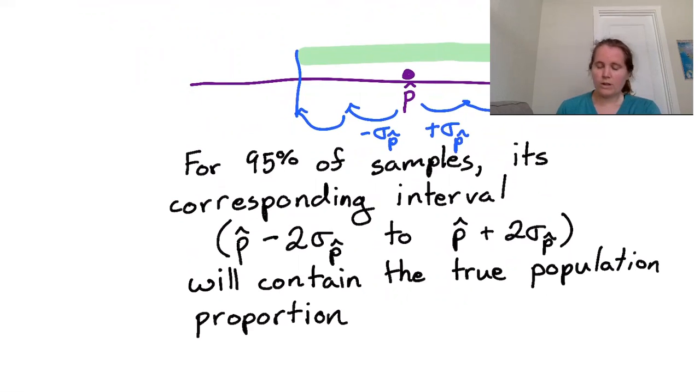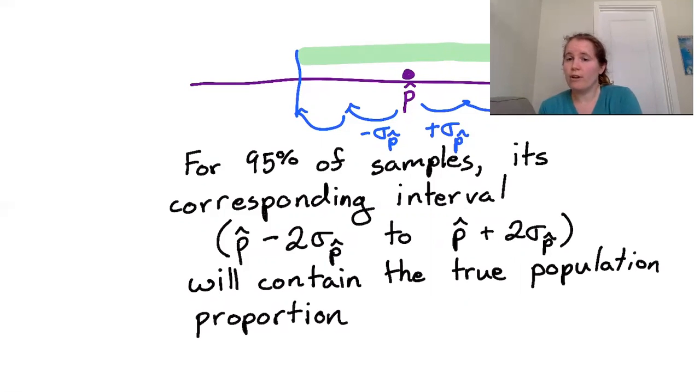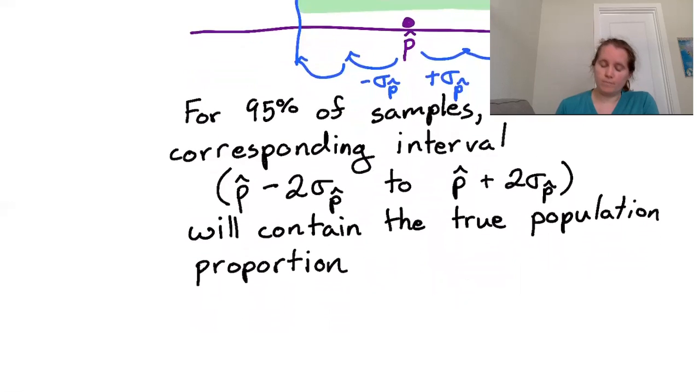We call this a 95% confidence interval, because for 95% of the samples that we could pick, whatever interval we come up with will contain the true population proportion.